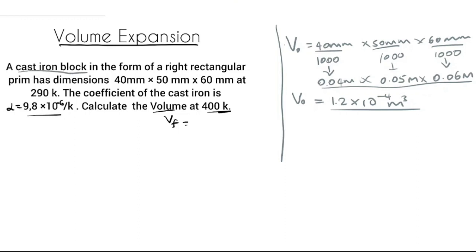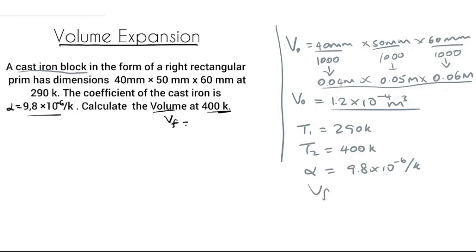Then let us write, we've got the temperature 1 is 290 K, and the temperature 2 is 400 Kelvin. Then we've got the linear expansion coefficient, which is 9.8 times 10 to exponent -6 per Kelvin.